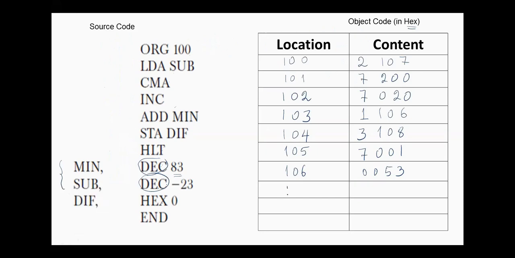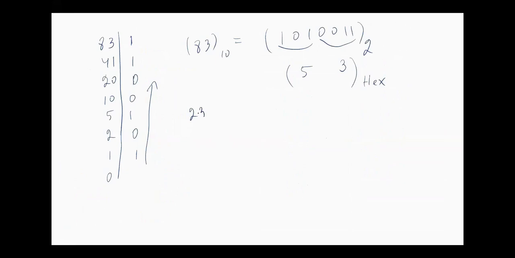And in location 107, the value minus 23 in decimal. Again, to convert to hexadecimal, first 23 in decimal equals 10111 in binary.